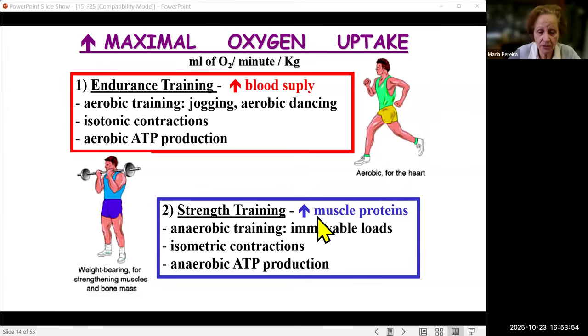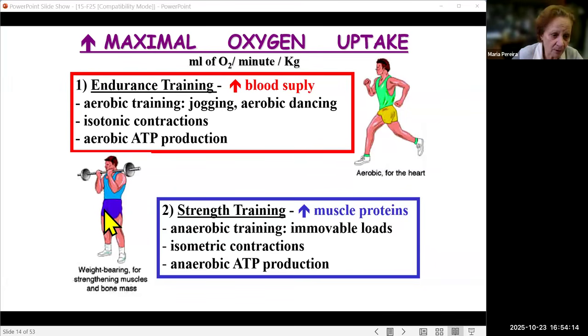So it increases the production of muscle proteins. So that means that the muscle fiber is going to increase in size. It doesn't increase the number of muscle fibers. It increases the size of muscle fibers because there's more myofibers, more myofilaments.